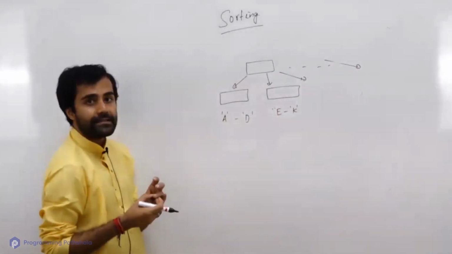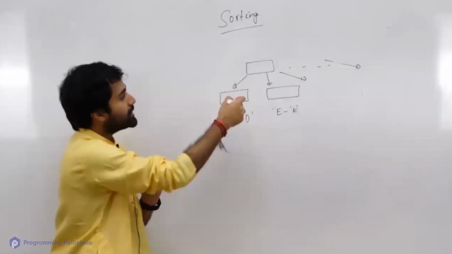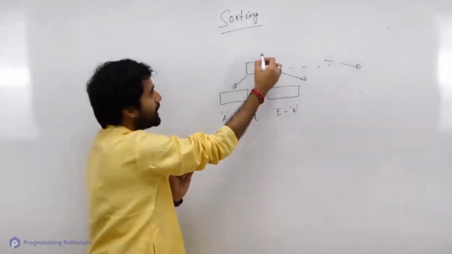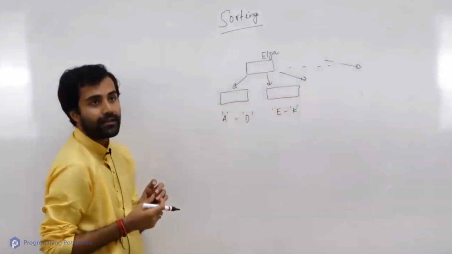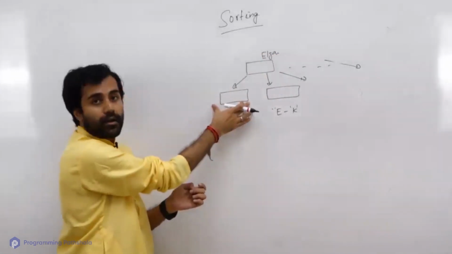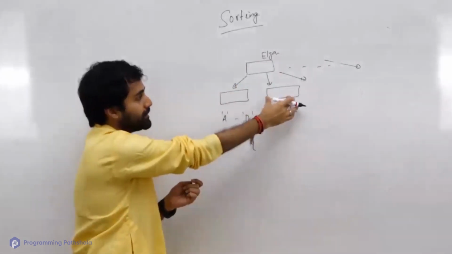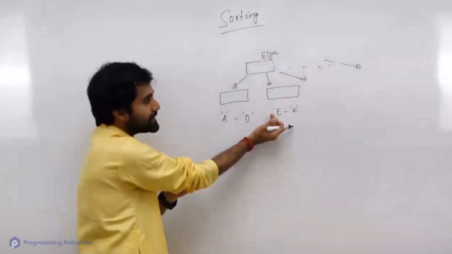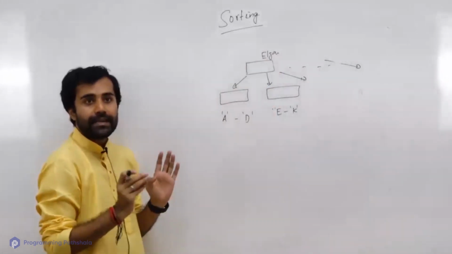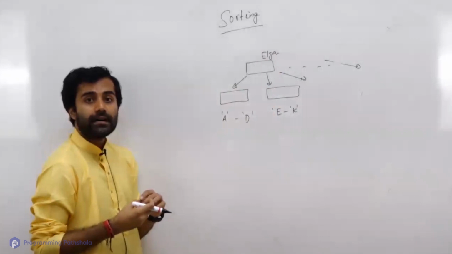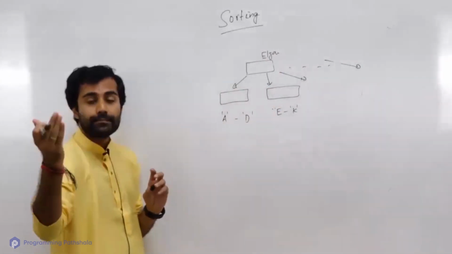Let's say you have to search for a person whose name is Elgar. You will not go to the first memory block and waste your time. You will immediately come to this memory block because you know that all the names that start from E to K are present here. There are different data structures like this. There is something called a binary search tree, and something called a binary index tree.